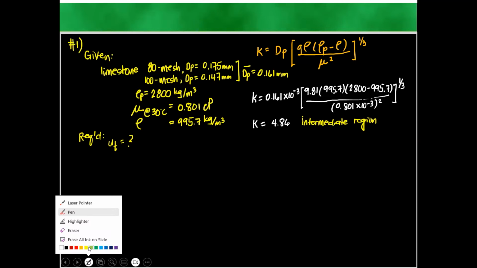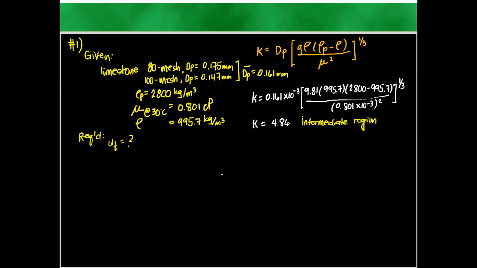So here, let's write Reynolds number equals K cubed over 18. So approximating that, what would be the approximate value for the Reynolds number?